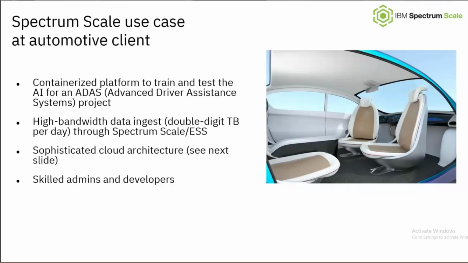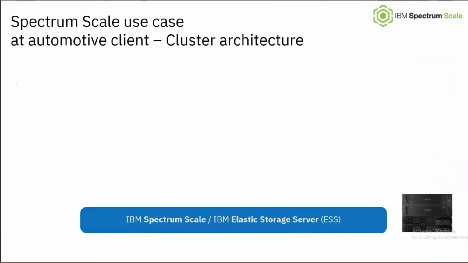And obviously they also wanted to bring in containerization, especially because they are using AI algorithms to exploit the data and to analyze the data and build their models for the self-driving cars, using Kubernetes and container technology. For this particular client, unfortunately, I can't disclose the name.